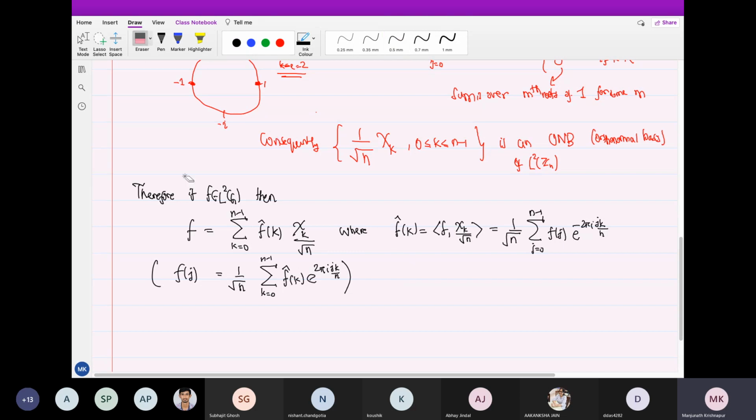Okay, so this function f hat is also a function on... sorry, again here this was for f in Zn. So f hat is a function from 0, 1 up to n minus 1 to complex numbers. That's also like Zn, but for the moment let's not confuse it.